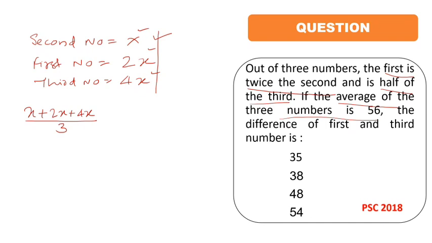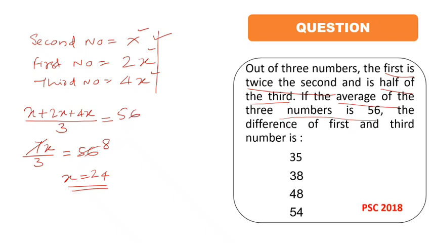So x plus 2x plus 4x divided by 3 will be equal to the average 56. So x plus 2x is 3x, 3x plus 4x is 7x, divided by 3 equals 56. I can cancel this 7 in 56, 8 times. By cross multiplication, x is equal to 3 into 8, 24. x is equal to 24.